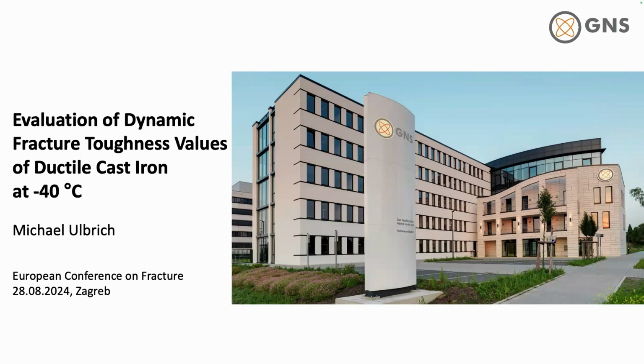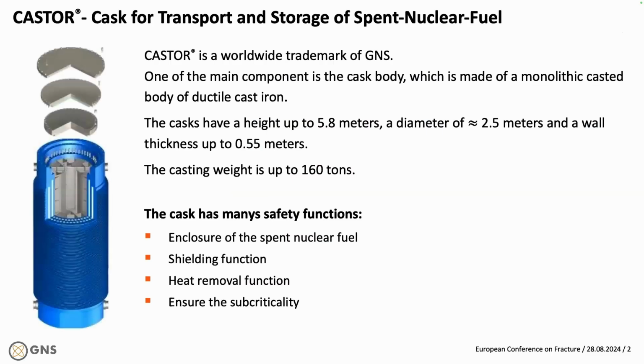And maybe you will hear something again because the projects are related, not directly, but indirectly. You will see it. Maybe I would like to introduce the component which we are talking about.